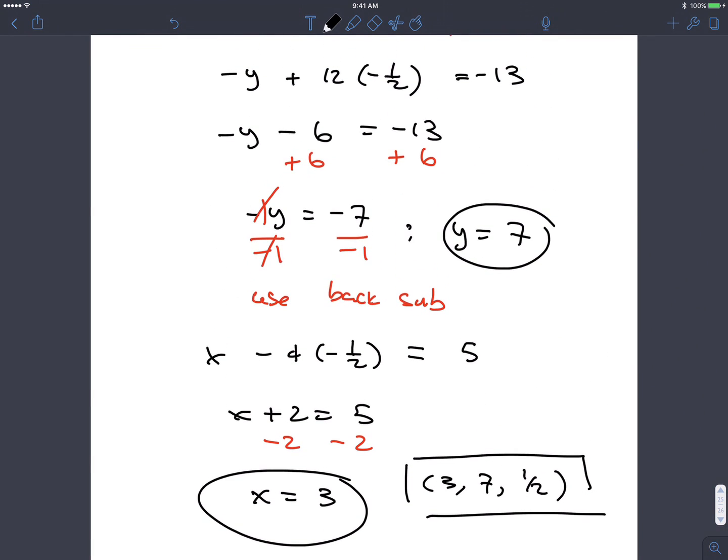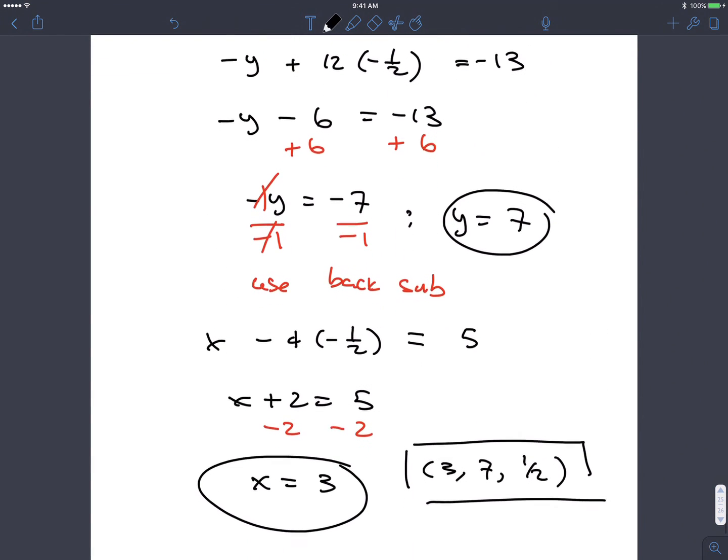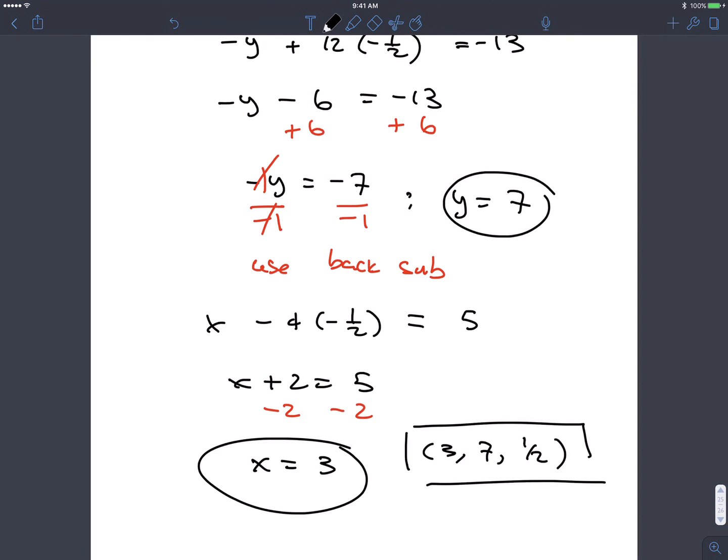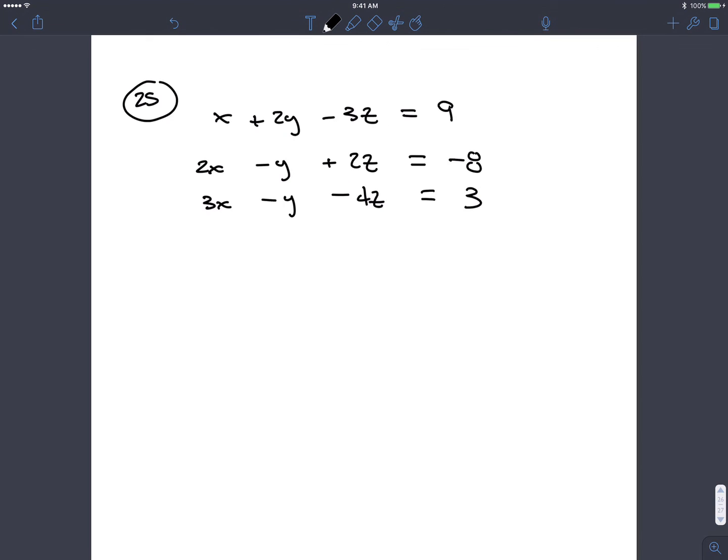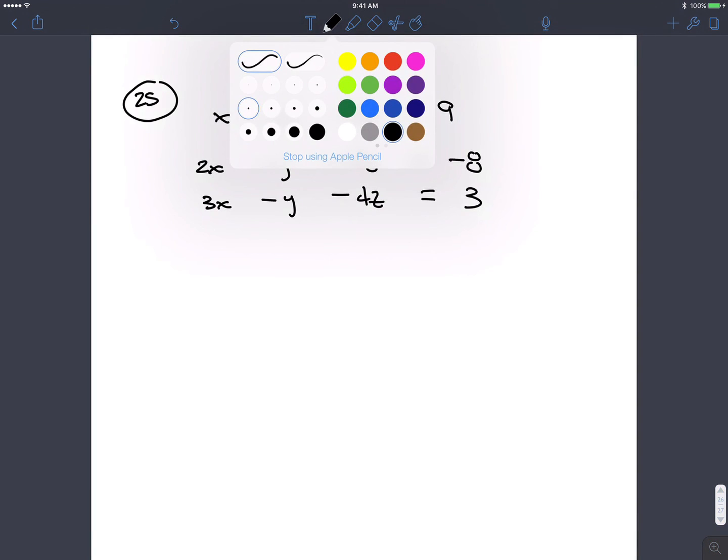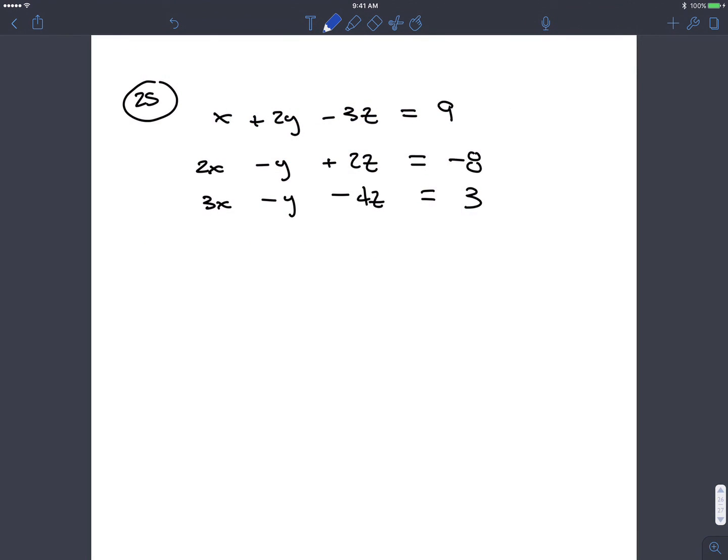So this is what we discussed in class. This is the technique. We solved a 3 by 3. Okay, here's number 25. We've got 3 equations and 3 unknowns. We're going to create the augmented matrix.